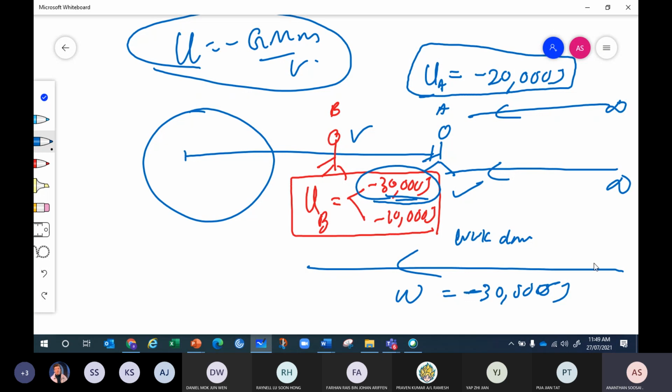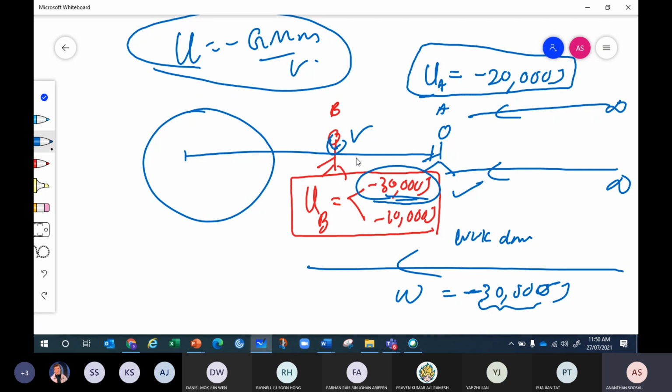But it's negative, because it's always negative. It should involve greater work, greater magnitude, because of the greater distance. Yes, good. So those who understand, negative 30,000 joule is the potential energy at B.